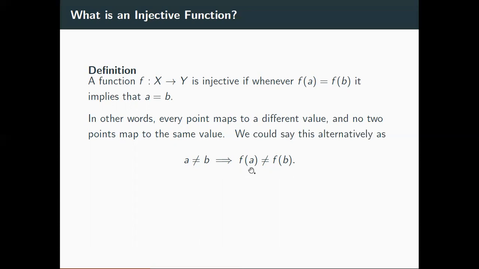Well, you could try and calculate f of a for an arbitrary a and f of b for an arbitrary b, but then how do you show that they're always different only when a and b are different? Well, one way to do it would be to look at what happens if they're equal, and maybe we can figure out that all cases when they're equal are cases that we're not interested in.